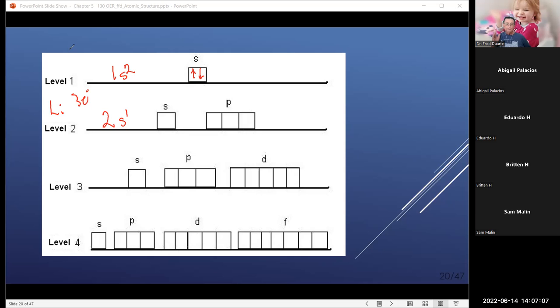With this information I just gave you, can anybody tell me, boron is element number 5, how many valence electrons does boron have? Okay, boron is number 5. 3, exactly, Trevor and Sam. They have 3.